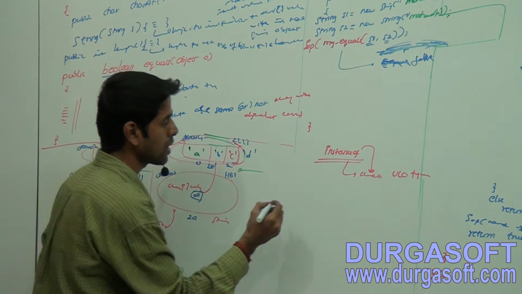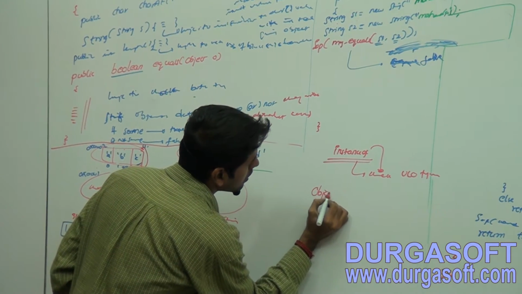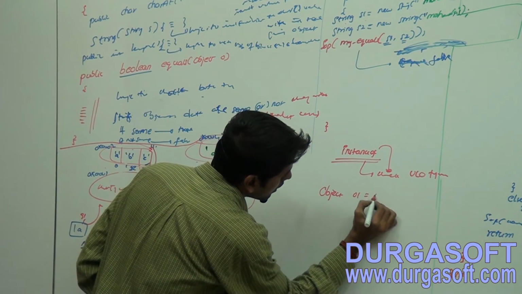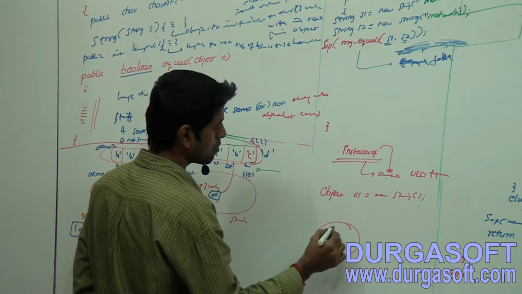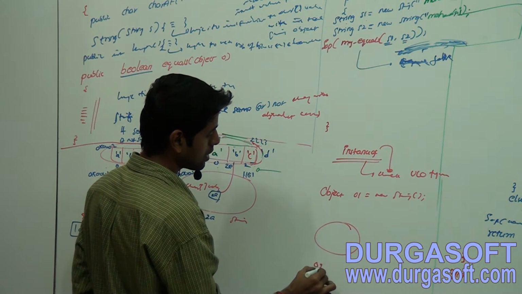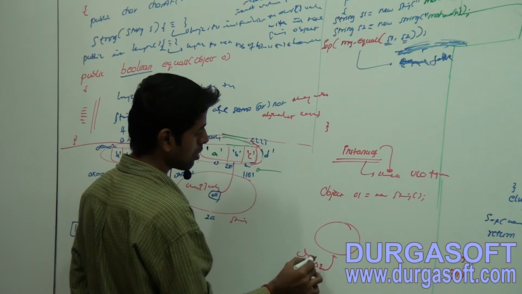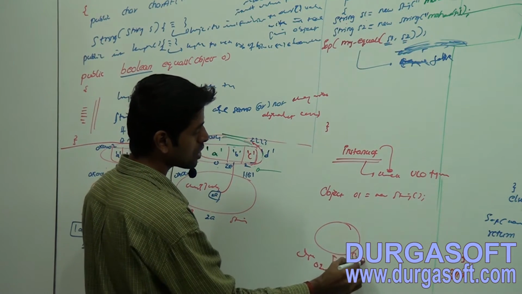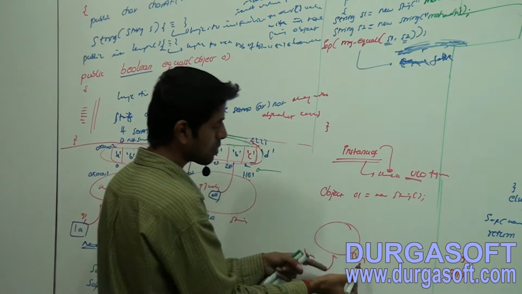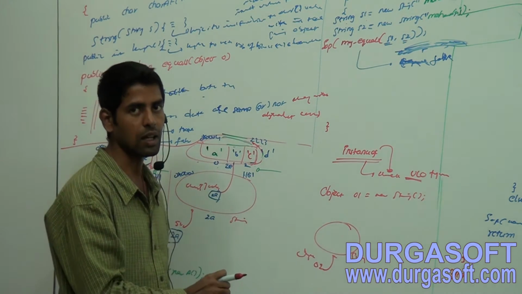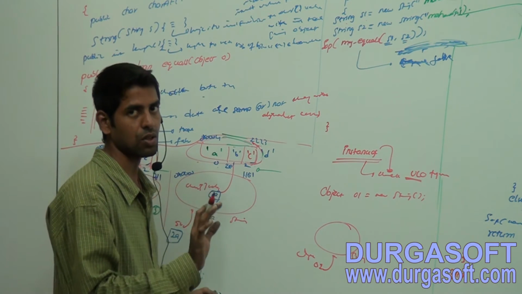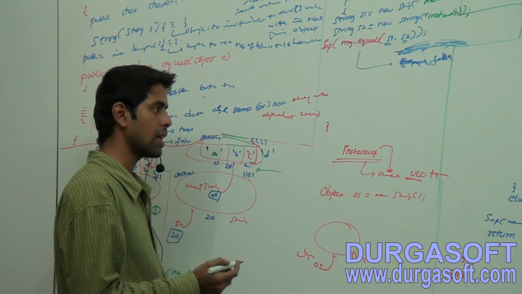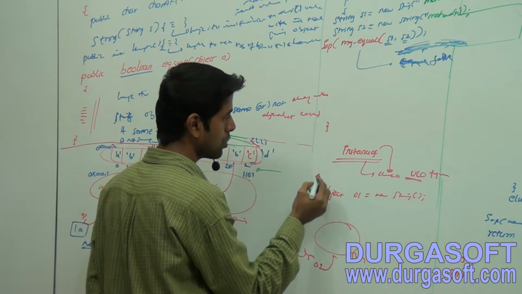Now observe here, Object o1 equals new String. Now the string object is there, o1 is there. Now it is what? Object. Now o1 referring object is what? Underlying object means this only. What is this object type? String type.